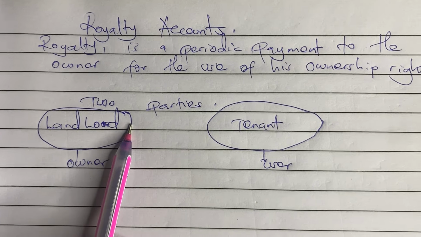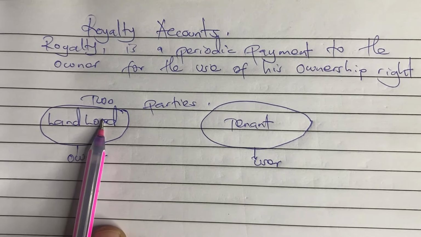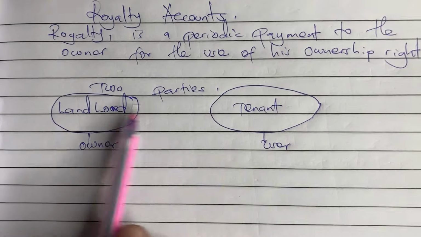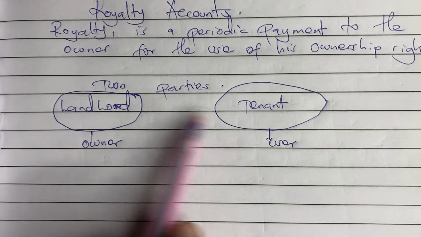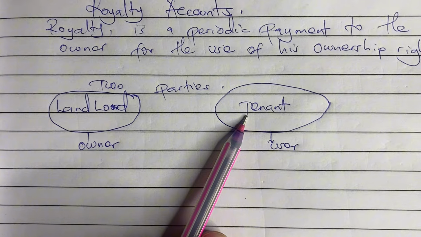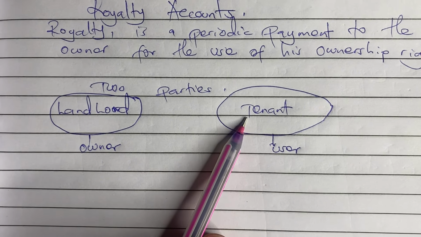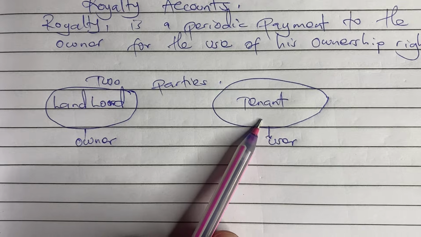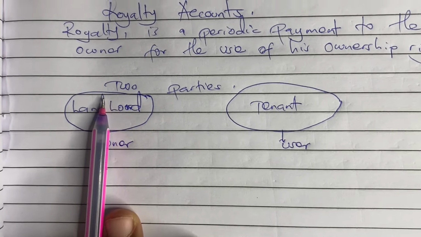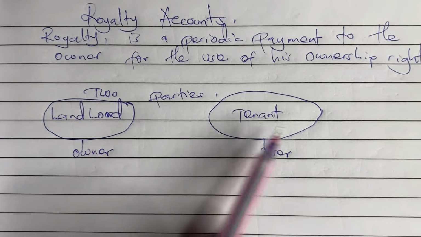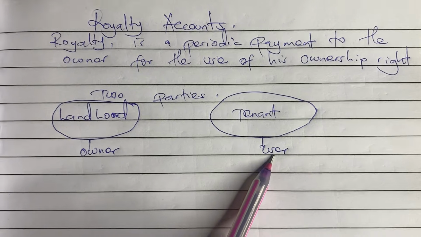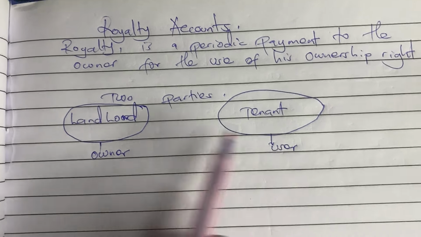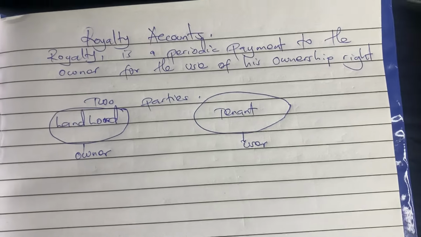So they have to make an agreement between both of them so that this person can sell the music of this person, and every time this person sells the music, he's supposed to pay a certain amount of money to the landlord.